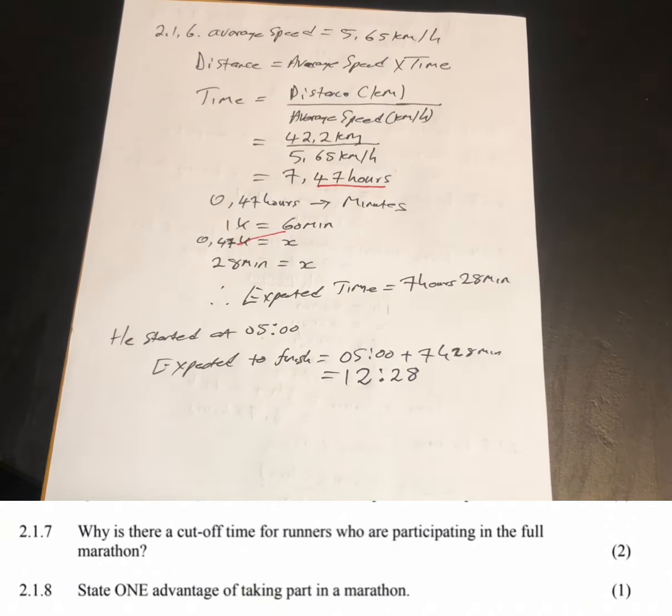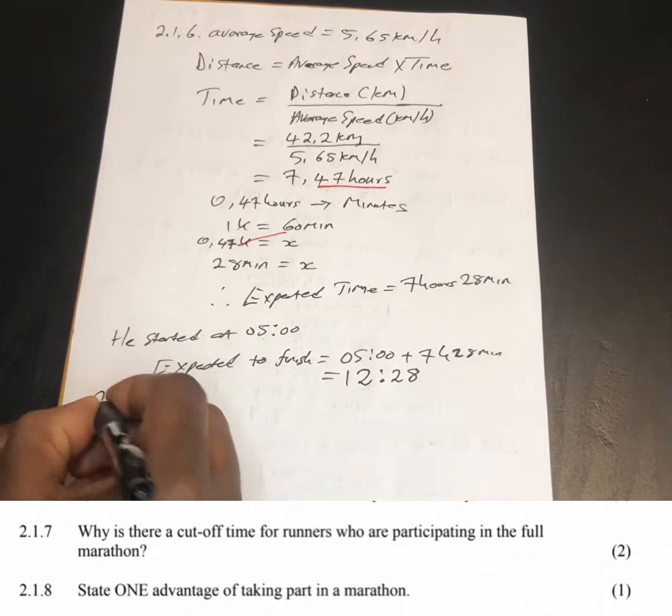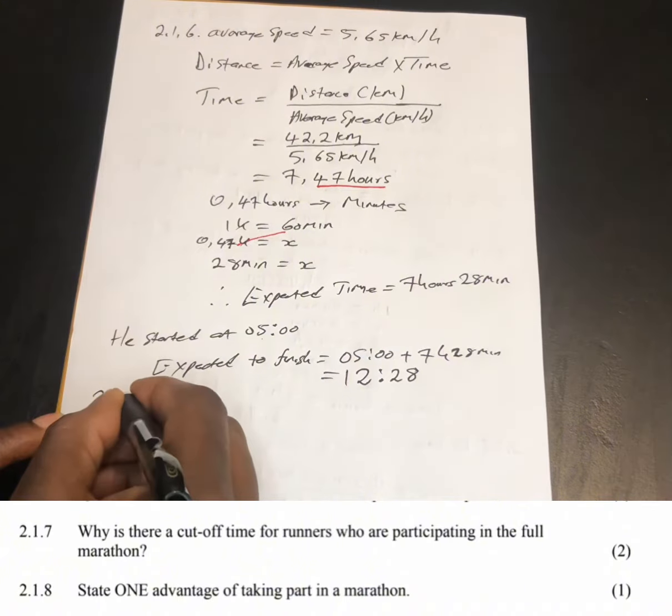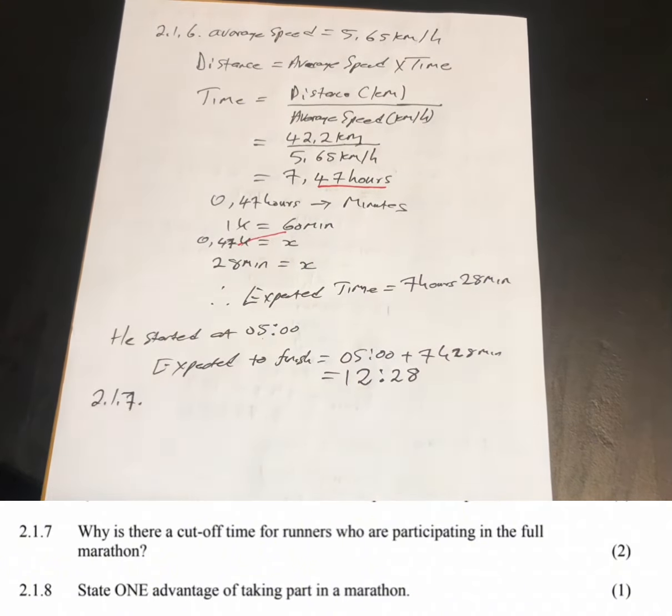Next question, which is 2.1.7. It says that there is a cut-off time for runners who are participating in a full marathon. I've already explained this one. We said cut-off time will eliminate everyone who reached the cut-off late, if you still remember. So we can just write this one.